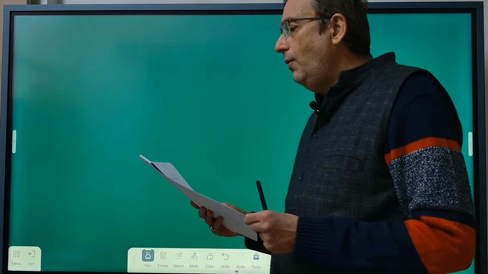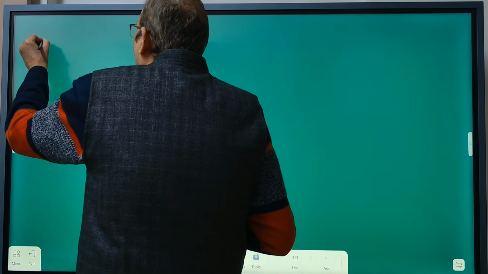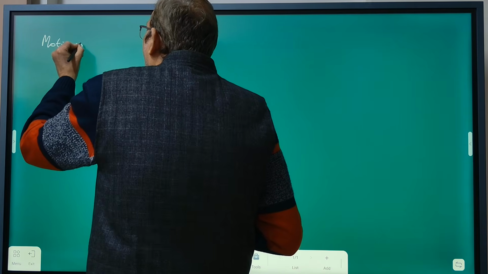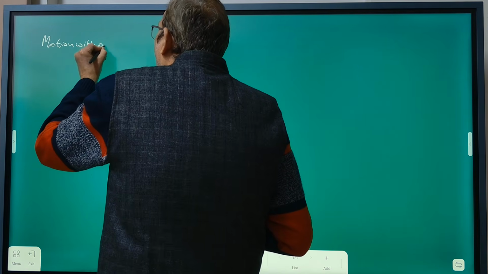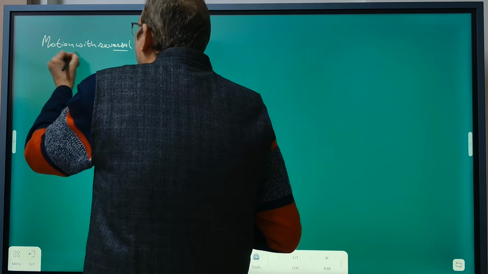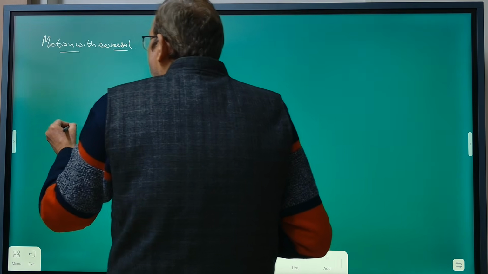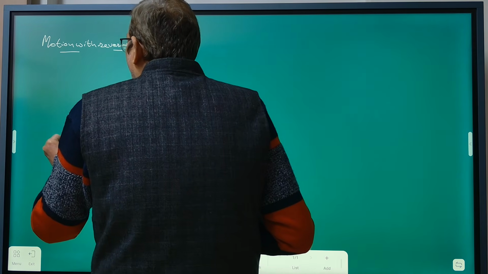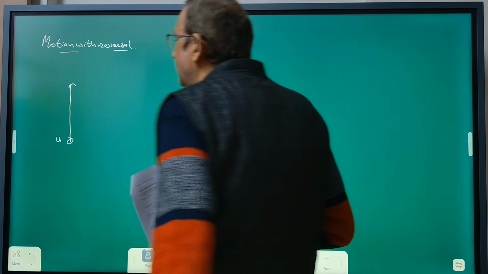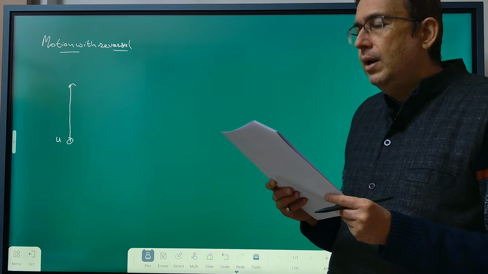Okay, now we'll start with another problem, that is motion with reversal. In this, what is given is that there is a particle which is thrown upwards with velocity u.